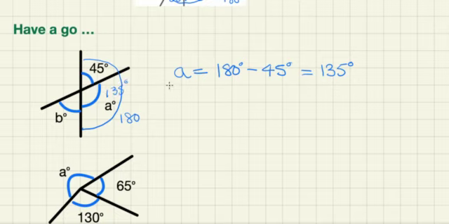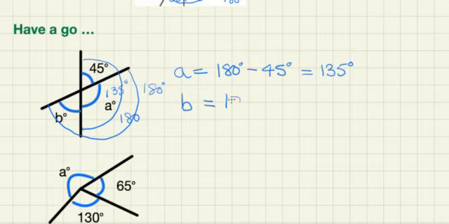The next question is, what is B? B is a straight line as well, so this angle here, we know to be 180 degrees.